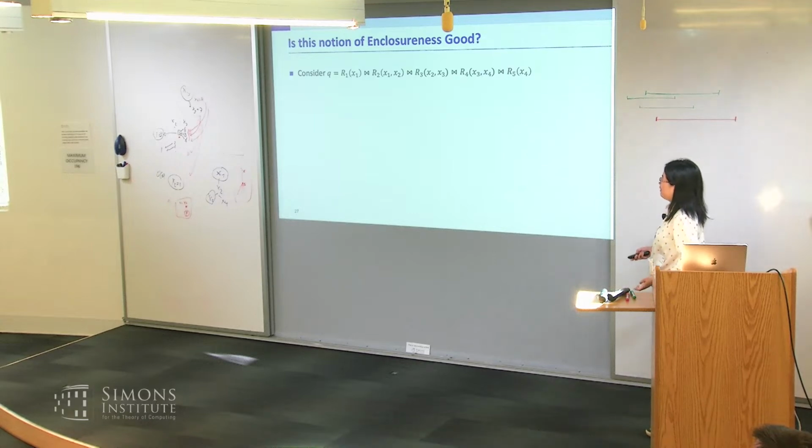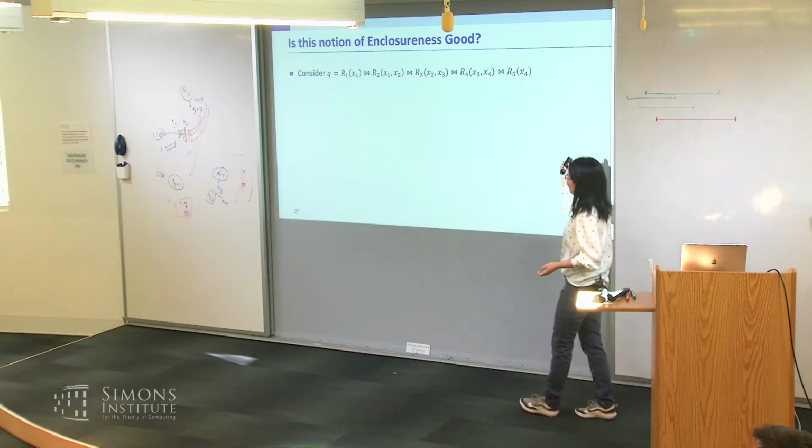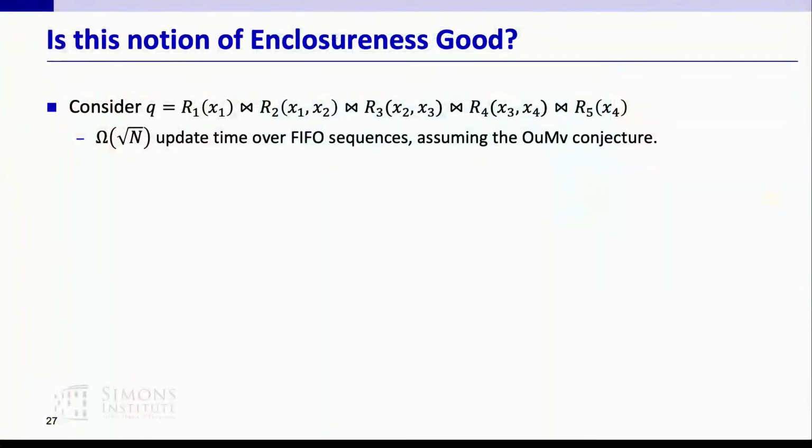So if we just consider this query, we can show that even under the first in first out update sequence, it still requires polynomial update time under the OuMv conjecture.